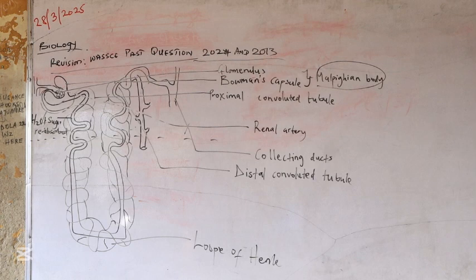The hypothalamus will stimulate the pituitary gland to secrete a hormone known as antidiuretic hormone. This antidiuretic hormone will be secreted into the blood, which will transport it to the kidney.